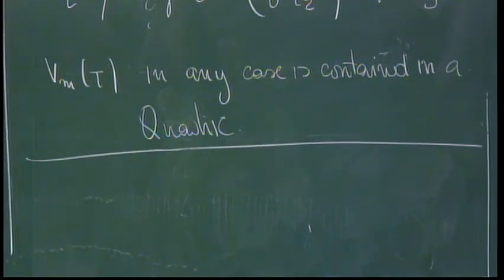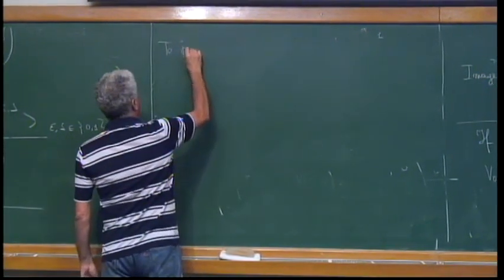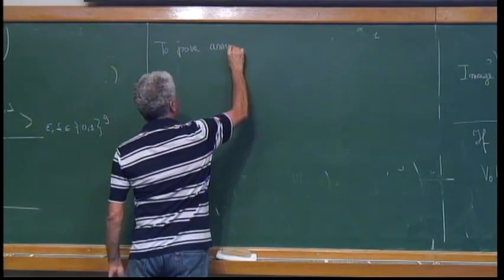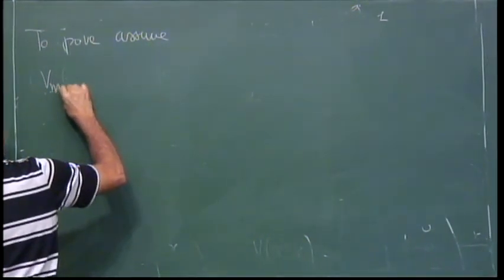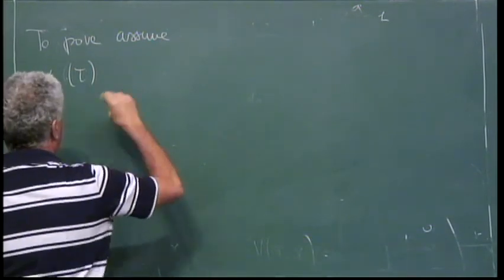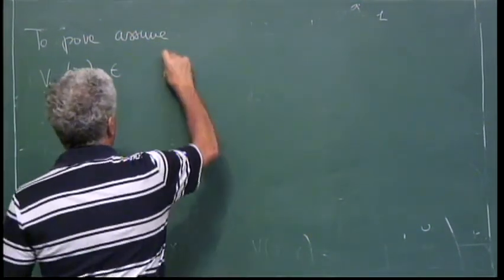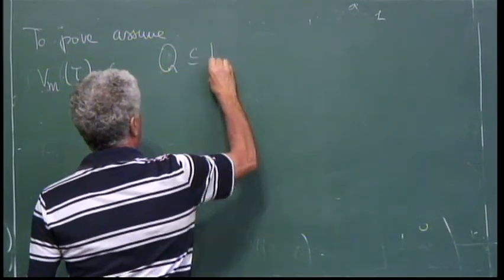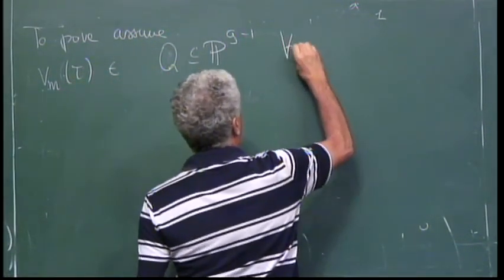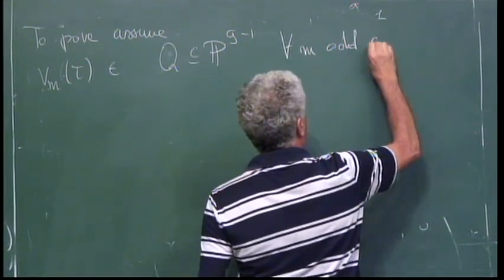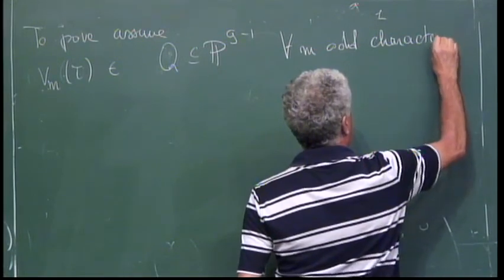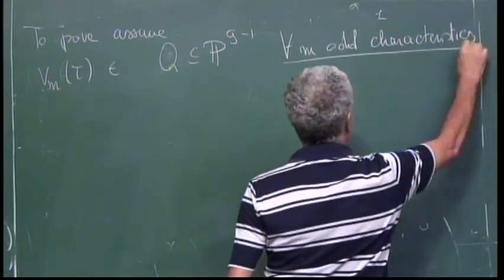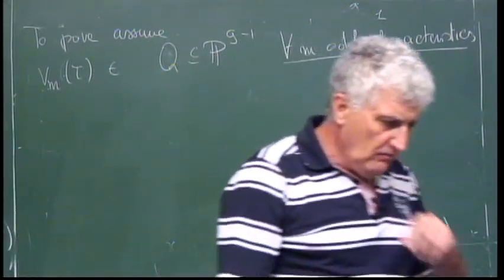the vice versa. To prove it, assume that V of M of tau belongs to a certain quadric contained in P^(N-1), for all M odd characteristics, without any loss of generality.